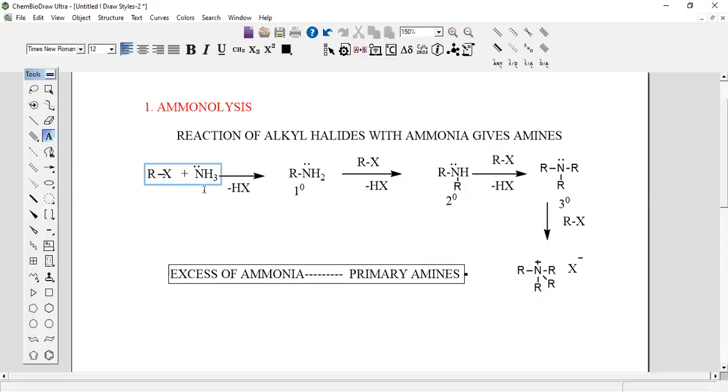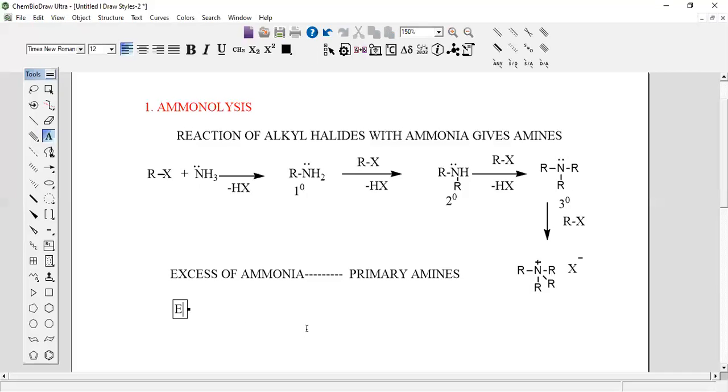The reaction will stop at this junction, because all ammonia molecules will react with the limited amount of alkyl halide, and we will get only primary.